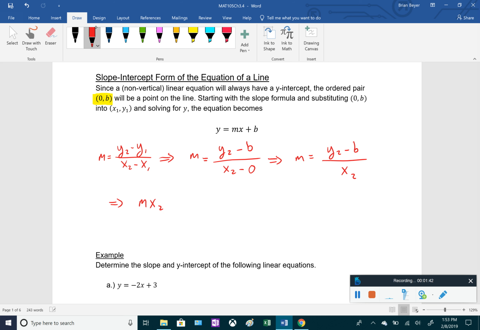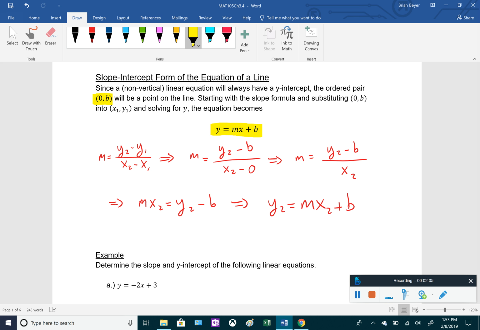We would get m x2 equals y2 minus b, and then we would add b to both sides, and I'm just going to write the y2 on the left. We would get y2 equals m x2 plus b. So instead of having to write that little subscript 2, we just write it as we have it right here, y equals mx plus b.